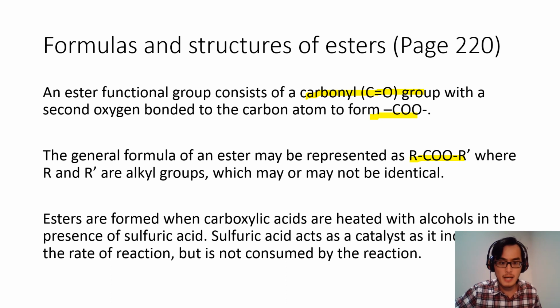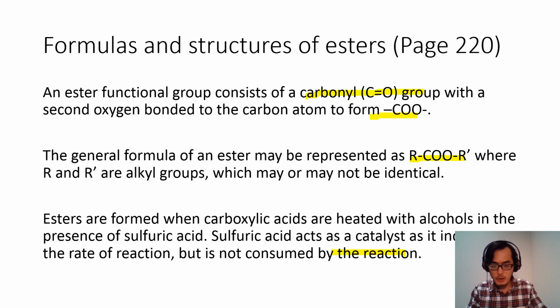So esters are formed when carboxylic acids are heated with alcohols in the presence of sulfuric acid. So the combination of alcohol and carboxylic acid will enable you to get what we call an ester product. It says the sulfuric acid acts as a catalyst, and it speeds up or increases the rate of reaction, but it's not consumed by the reaction itself.